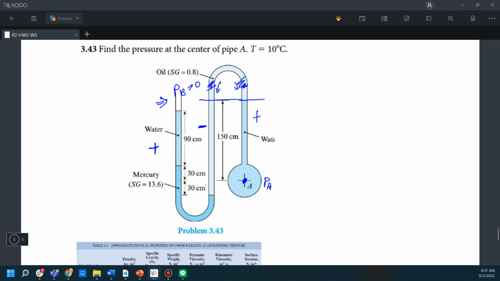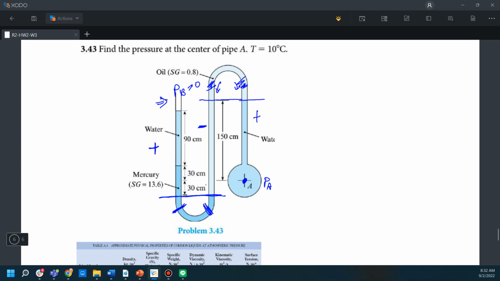And similarly for this turn, we can cancel the force provided by these two parts because they are the same liquid but in different directions. So we just need to consider these remaining 3 segments of liquid in this pipe.